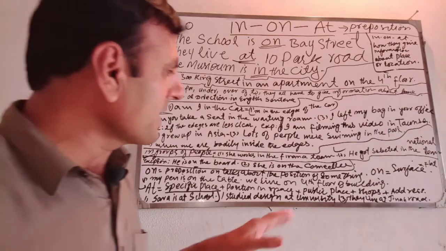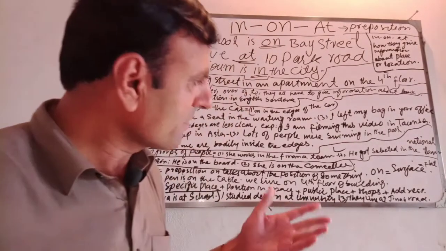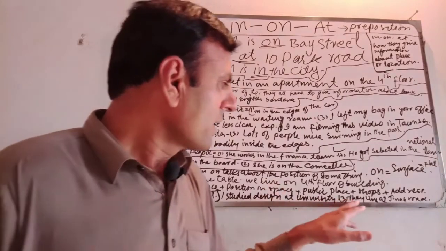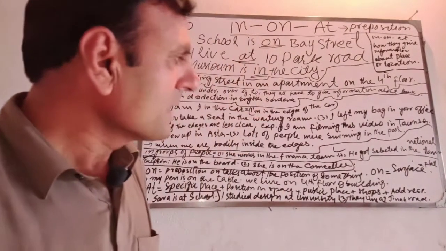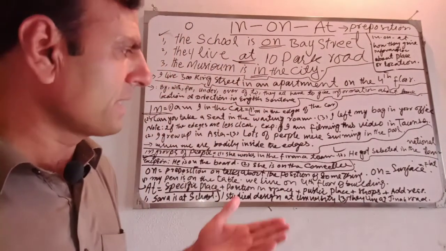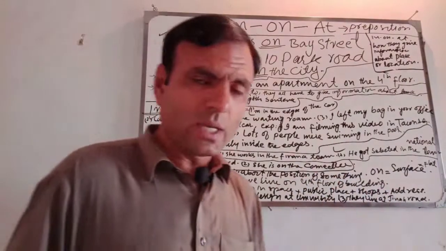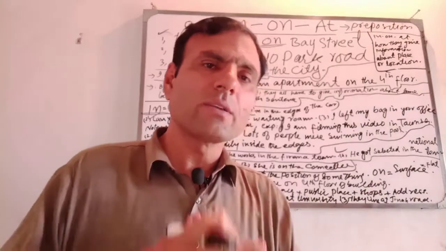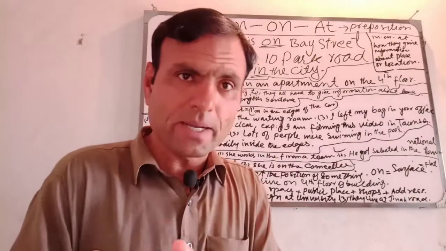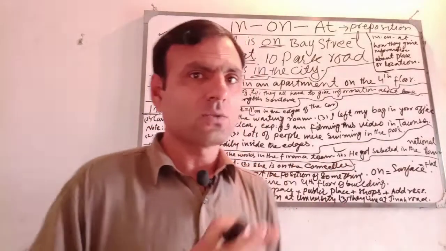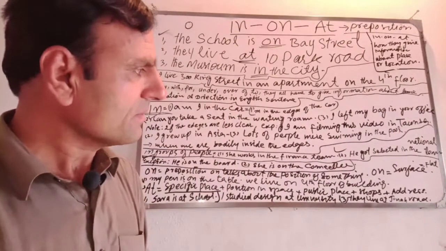I study design at university. They live at Jinnah Road. That is an address. They live at Kalma Square. They live at Nizamabad or something like this. So this is for the address.